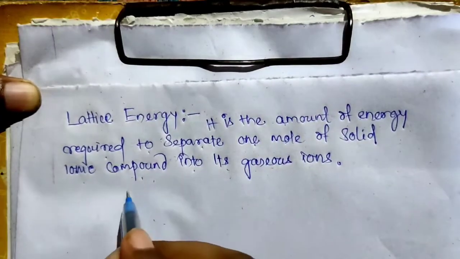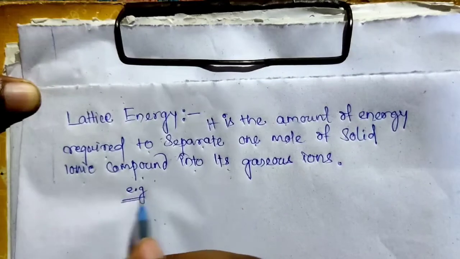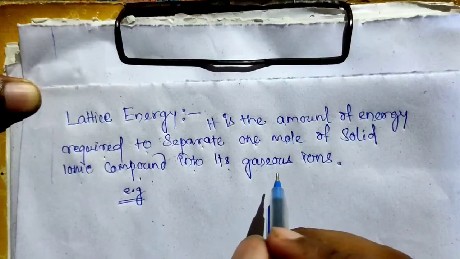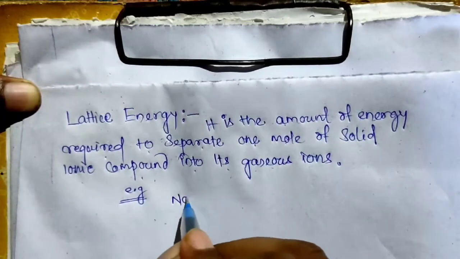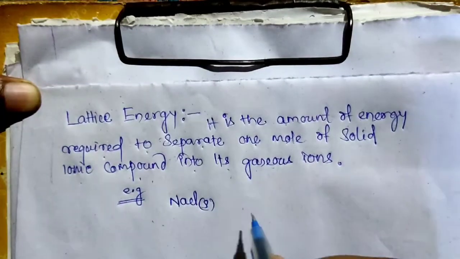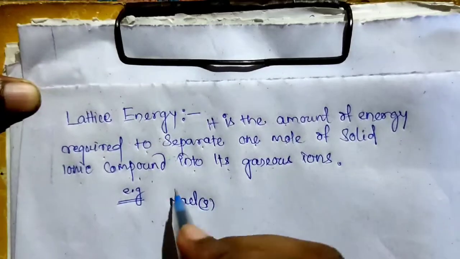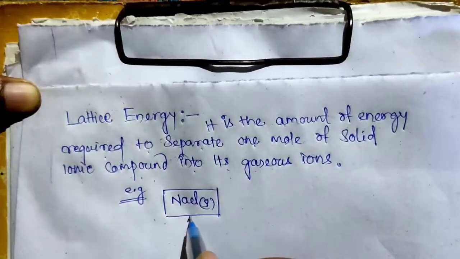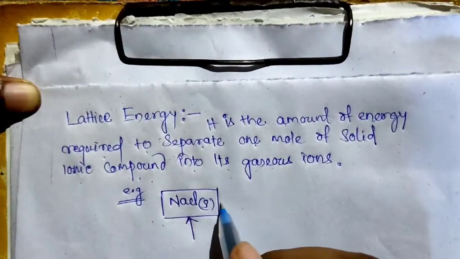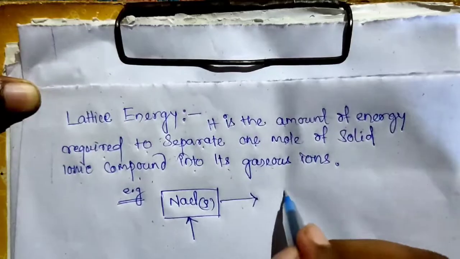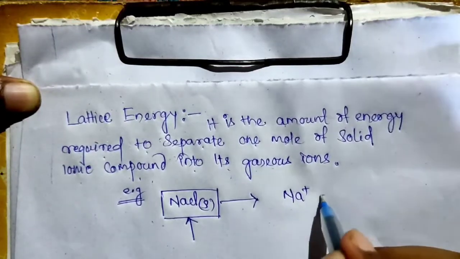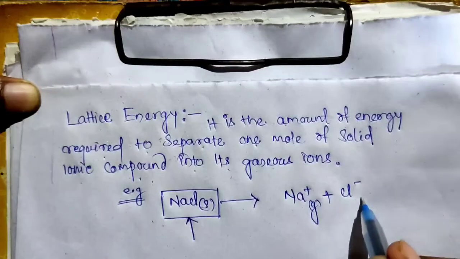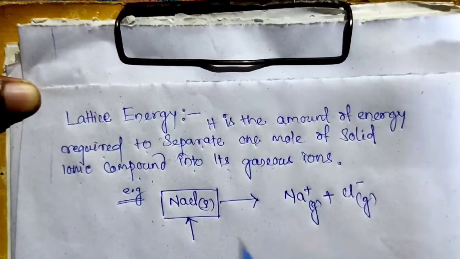So let's consider 1 mole of solid ionic compound, that is NaCl. If we give some energy to it, it breaks into Na plus and Cl minus, which are in gaseous form.